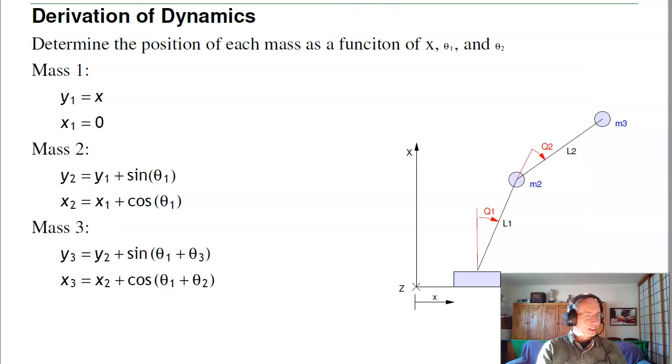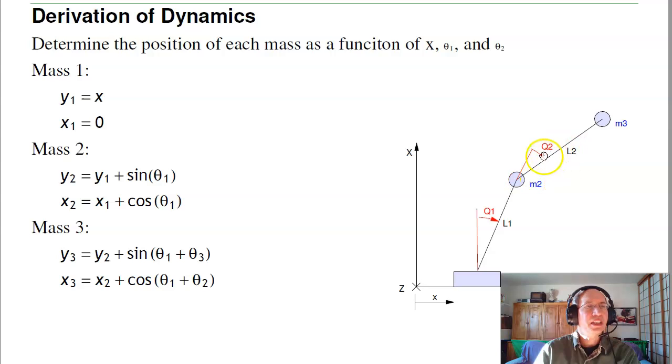So, here we go. To define the dynamics, first define the system. I've got a base with link 1 connected to mass 2, connected to link 2, connected to mass 3. The angle q1 is the angle of the first link relative to vertical.